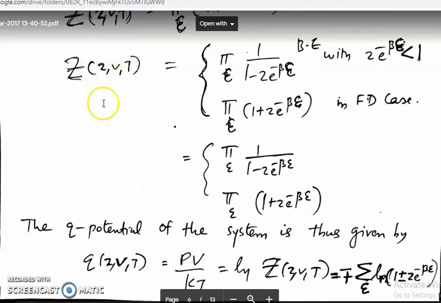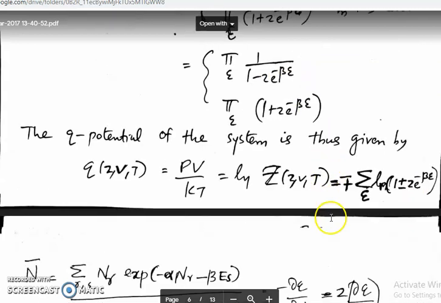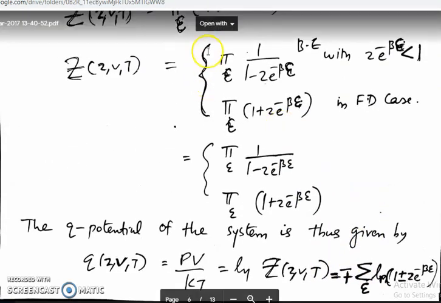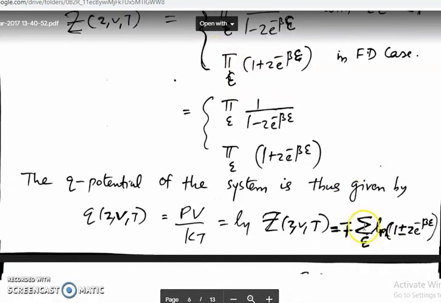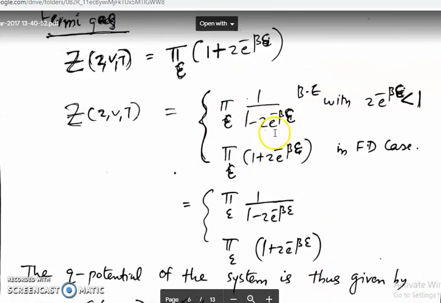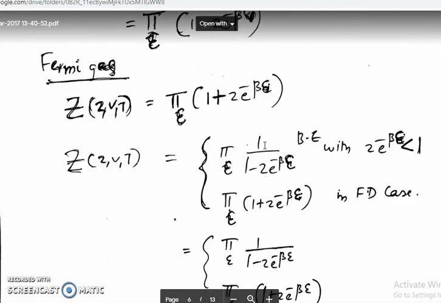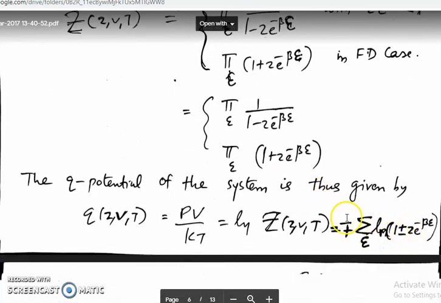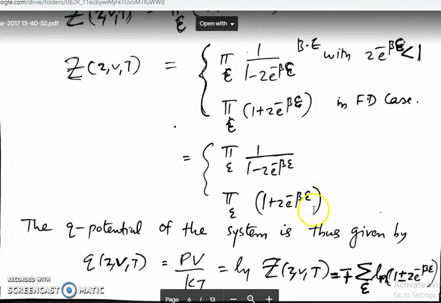When you take the log, the product becomes a summation, and you get a minus sigma epsilon log 1 minus z e to the power minus beta epsilon, and plus sigma epsilon log 1 plus z e to the power minus beta epsilon.